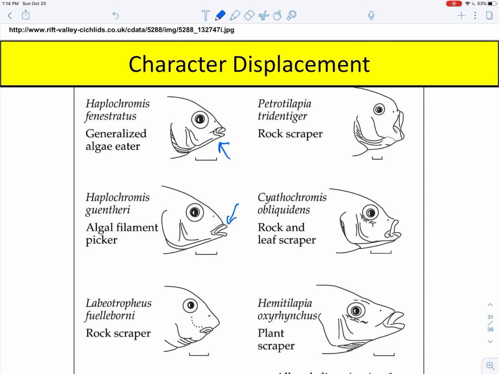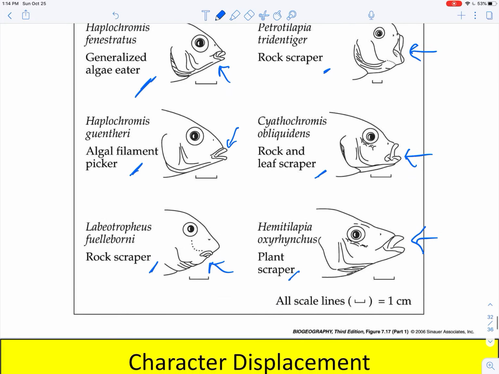And we see very different mouth shapes that allow them to specialize on their food resources. So we're seeing a generalized algae eater here, algal filament picker, rock scraper, plant scraper, rock and leaf scraper, another rock scraper.